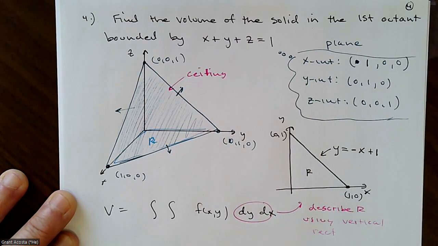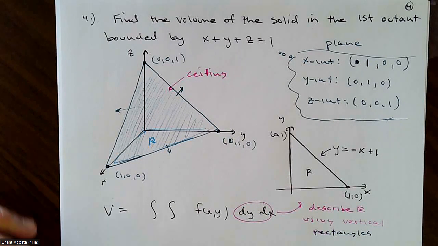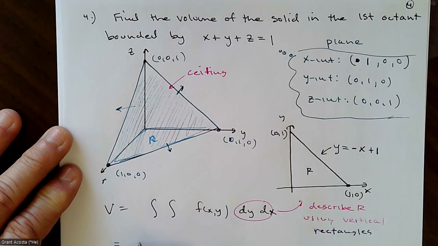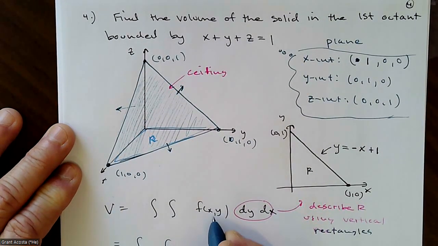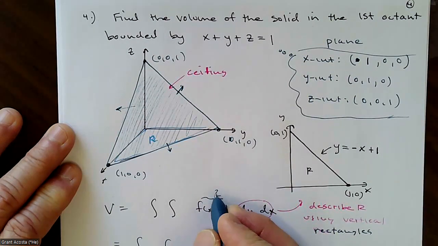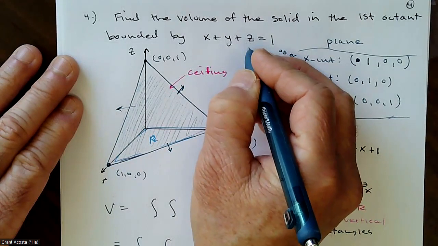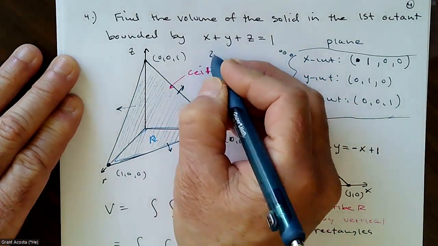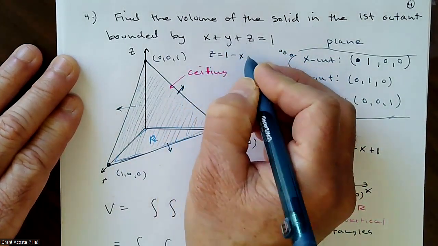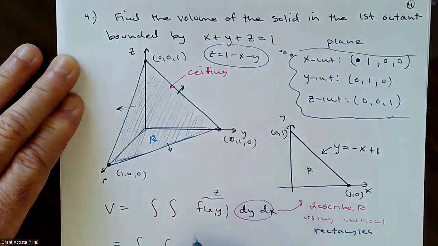So my pen is running out. f of x, y is really z. So I actually have to go up here and solve for z. z is equal to 1 minus x minus y. That's f of x, y.